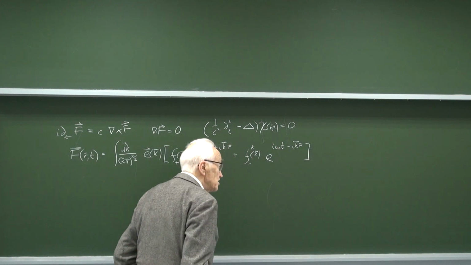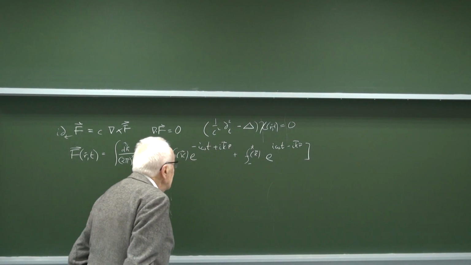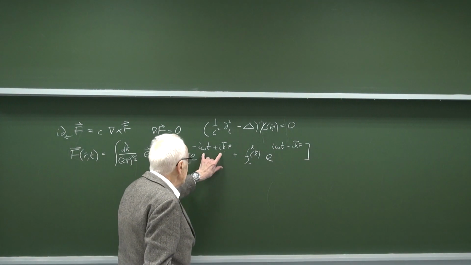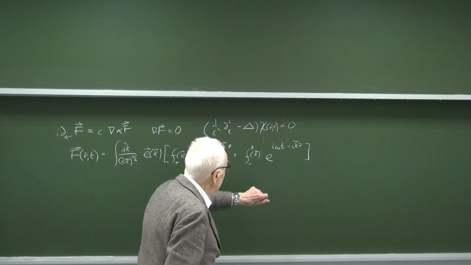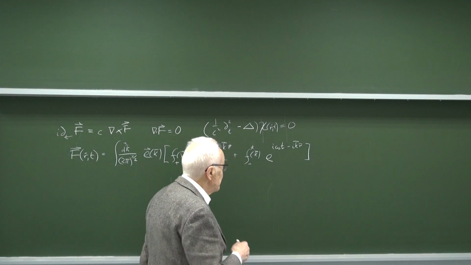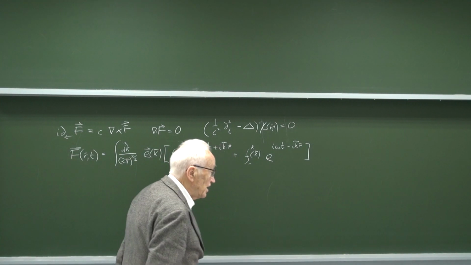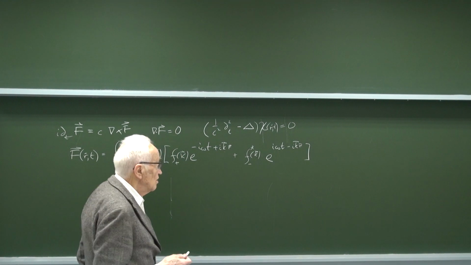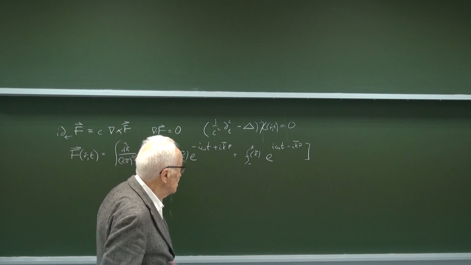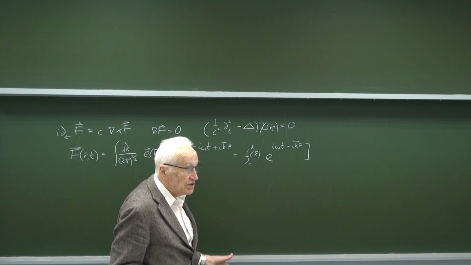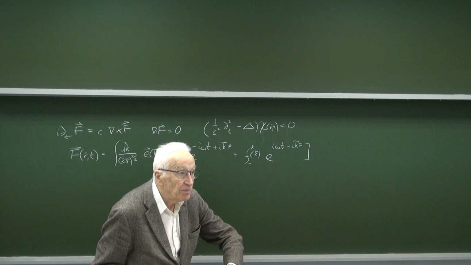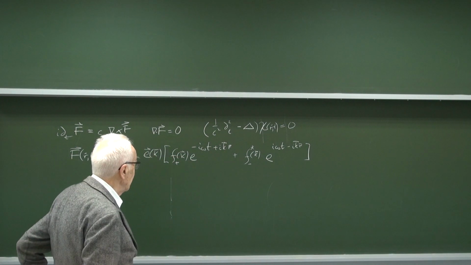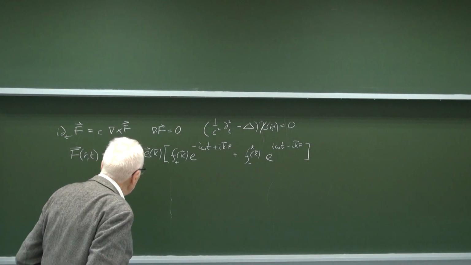It is also called the D'Alembert equation, and it describes propagating waves. Now here are the factors that are also familiar from waves. They represent waves running in the positive z direction. So the question is, where is the negative z direction? Of course, f of k is arbitrary, so we can take k in the opposite direction to the z-axis, and then we'll have the wave running in the opposite direction.